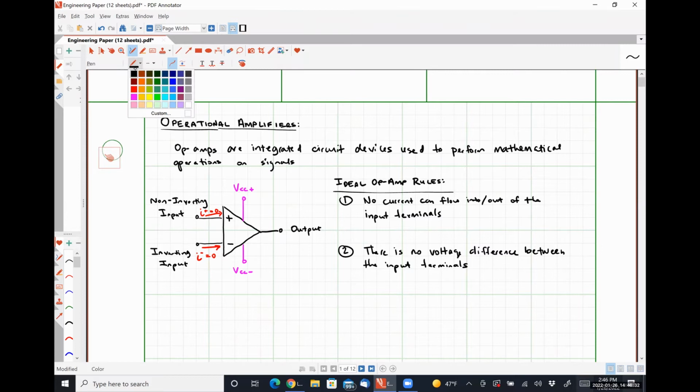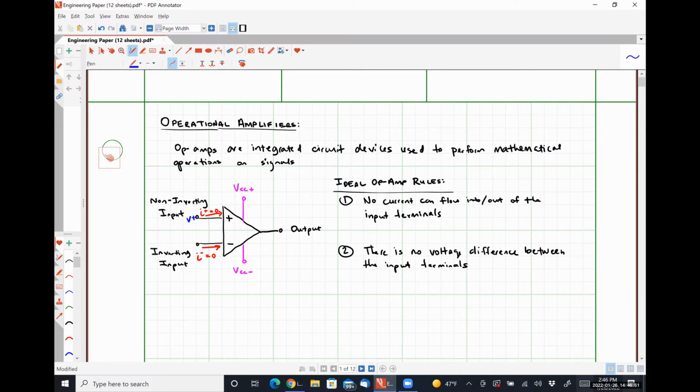So if I call the voltage here V plus, this is just representing the voltage at the non-inverting input terminal with respect to ground. For OpAmp circuits, we're going to be dealing with nodal voltages the entire time.